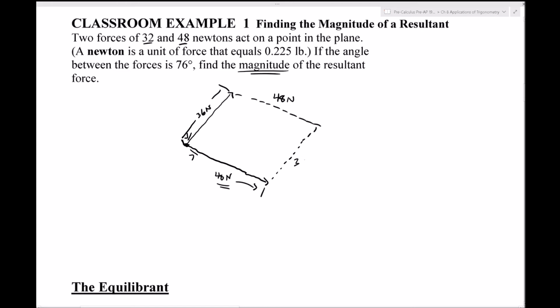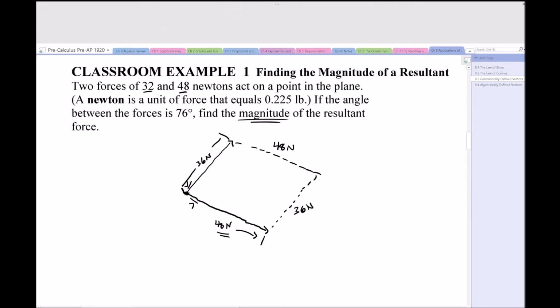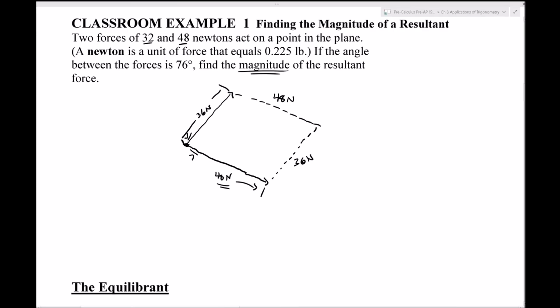This one's 36 as a result. And what they want is the magnitude of the new resulting vector. So let me draw that one in red: you connect the corners from where it started to where it's going to end up. So that's the new vector, and all they want is the magnitude.